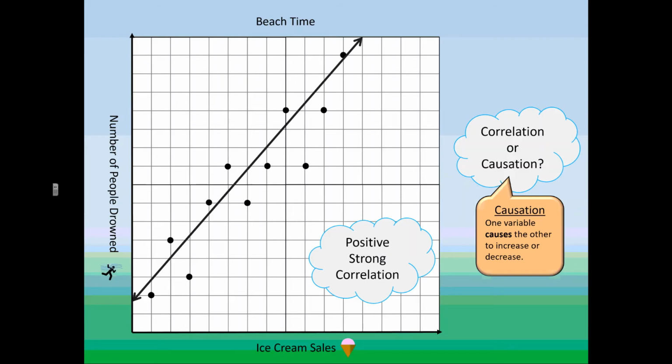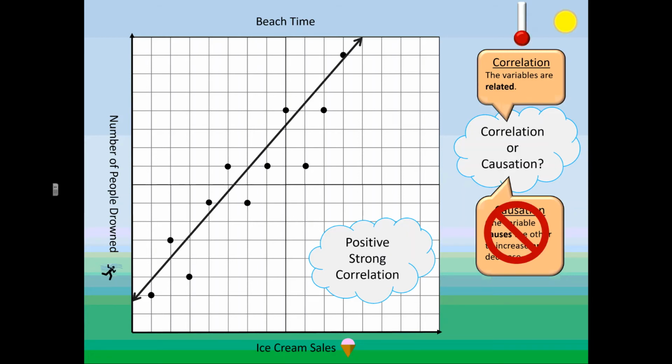In fact, this is a very strong correlation because both of these variables are caused by something else. Correlation just says that the variables are related, which means they could be related through a third variable. In this case, it is temperature. They are not causing each other. They are correlated. The lower the temperature, the fewer ice cream sales and the fewer people on the beach, so the easier it is for the lifeguards to see who needs help.